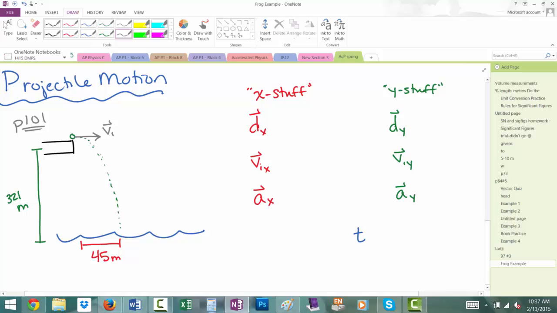The x displacement is 45 meters. Acceleration in x there is none, so it'd be 0. And y acceleration is just 1. Yeah.